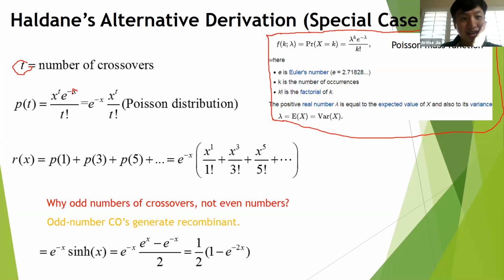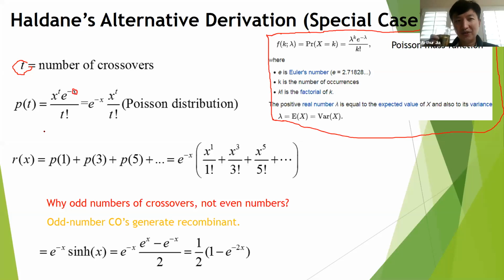so here X is a region. We want to calculate the recombination frequency in this region. X is the additive map distance. And if we want to calculate the non-additive recombination frequency, how can we use the Poisson distribution to help us do the calculation?